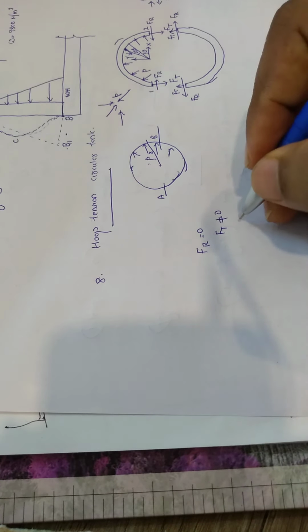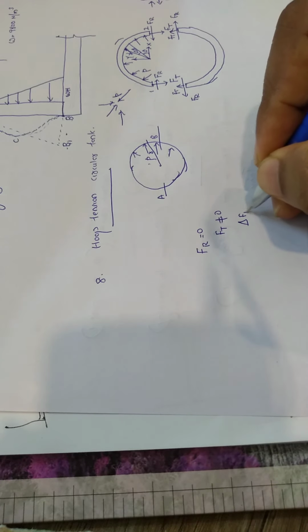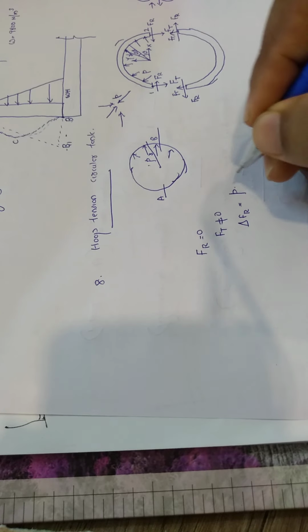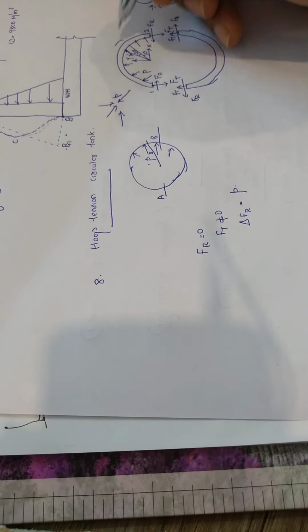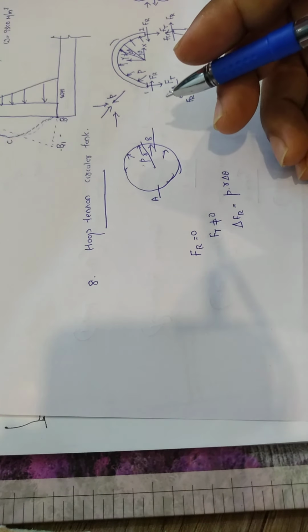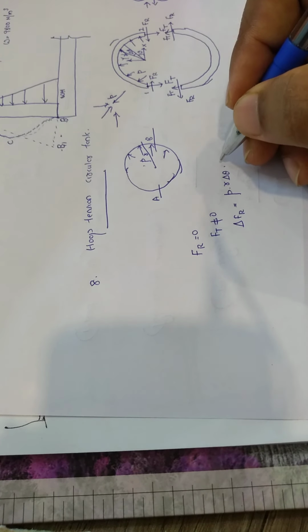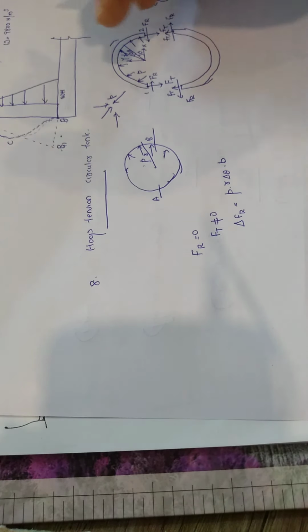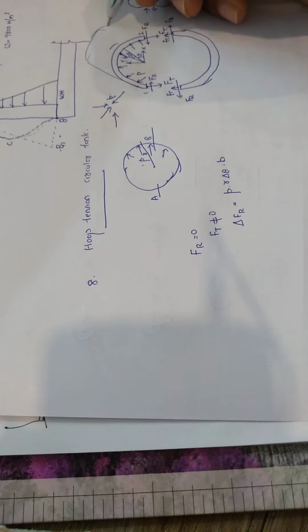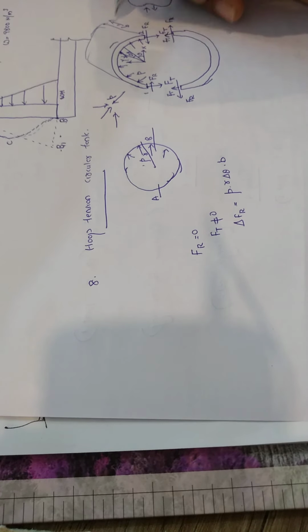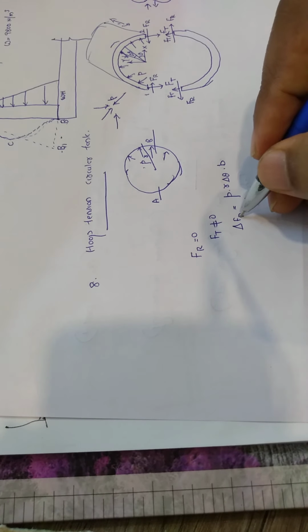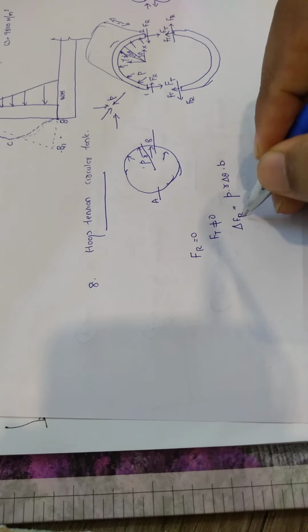So the radial component force delta Fr acting on that small element is P into the arc length, that is r delta theta, P into r delta theta, and that into B. What is B? If I'm taking a three-dimensional structure, this will be my width B. This will be the force acting on that particular component, delta Fp.